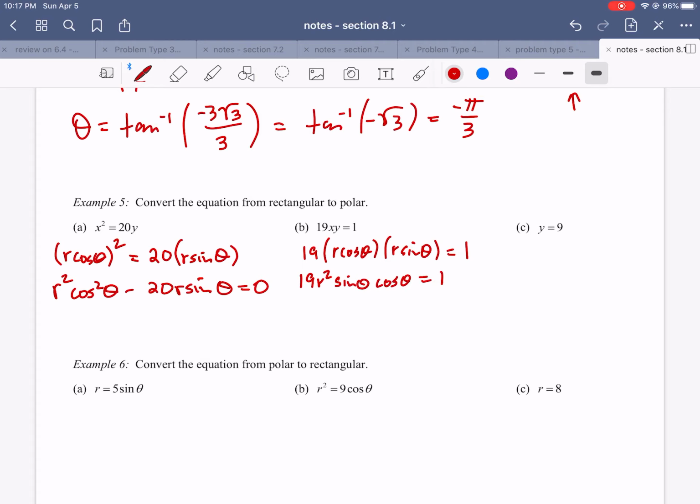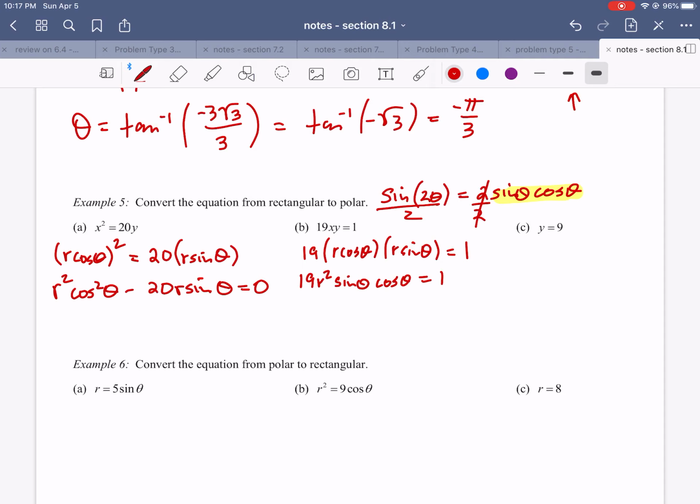Now, I mentioned this is a multiple choice question, and so it's going to do something a little goofy here. I don't know that I would necessarily do this, but just to show you what they did, they used an identity from the previous chapter: sine of 2 theta is equal to 2 sine theta cosine theta. If you look here, we do not have the 2, so we're going to divide it to the other side so that it cancels.